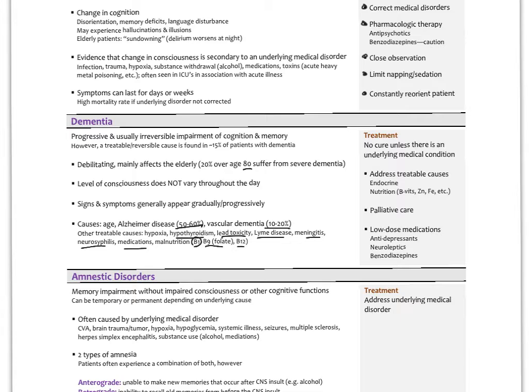There's no cure unless the underlying medical condition is recognized, like hypothyroidism. So address the treatable endocrine causes, look at nutrition, as I mentioned, B vitamins, zinc, potentially iron. Palliative care, basically. There are low-dose medications for dementia. Some antidepressants are used. Neuroleptics are antipsychotic meds.